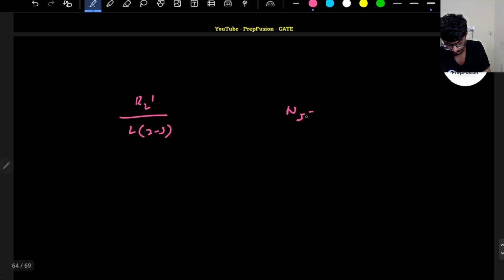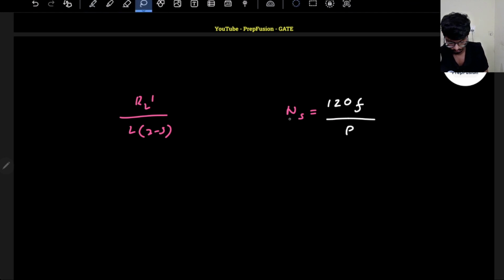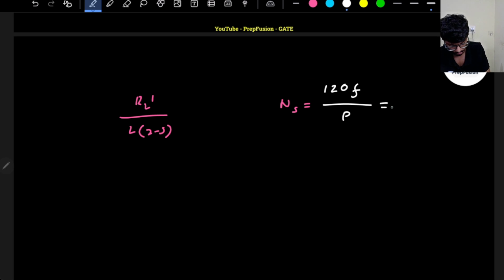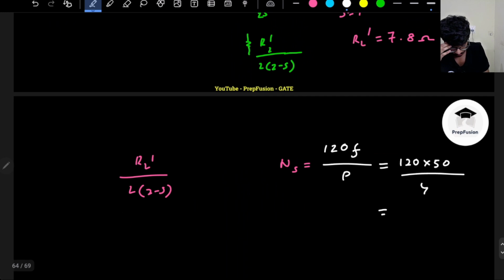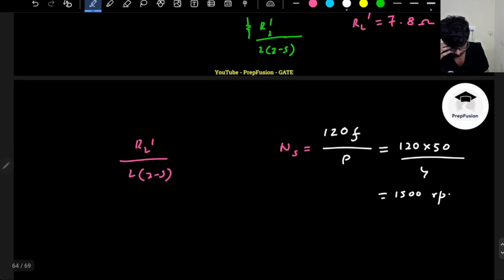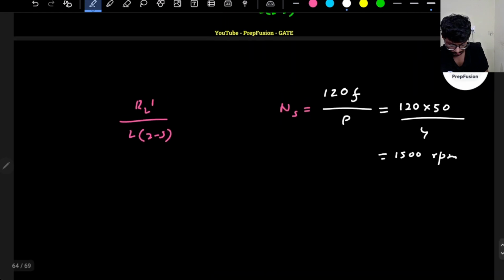Ns will be equal to 120f by P, that is 120 into 50 divided by 4, so this will be 30 into 50. 30 into 50 is 1500 rpm. So it is 1500 rpm.